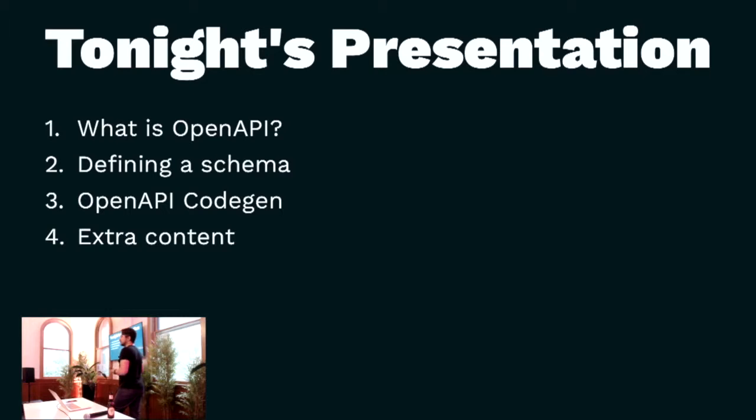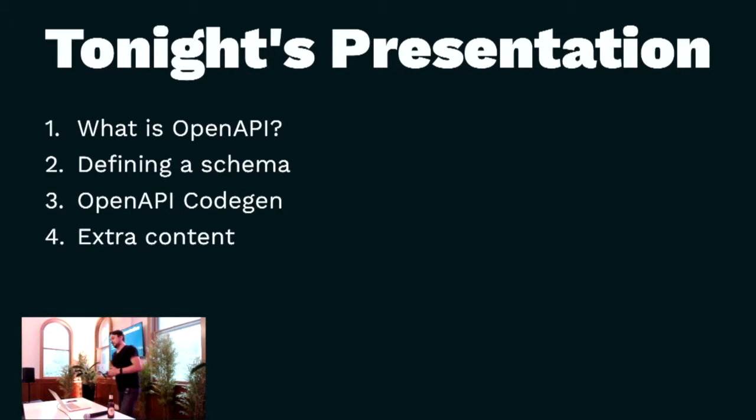So tonight's presentation is kind of, what is OpenAPI? And the first answer to that question is it's Swagger. Has anyone heard of Swagger? Prior to me mentioning this is Swagger, did you know that OpenAPI was Swagger? Yeah, okay, enough people, not 3, 4 people. When we're going to talk about sort of defining a schema, I'm going to go over a really simple example.